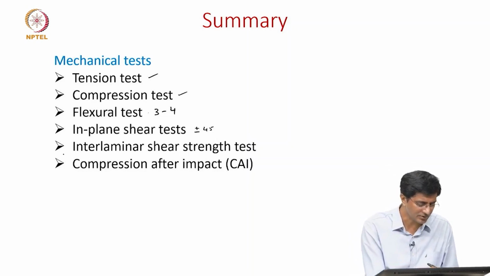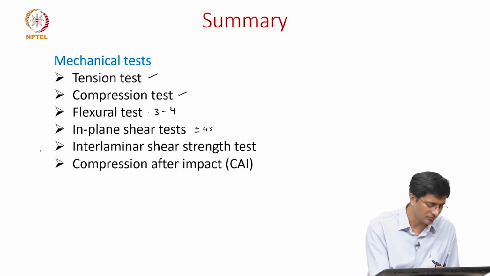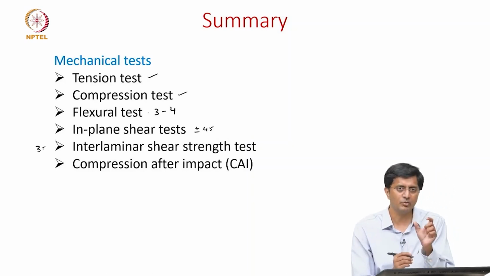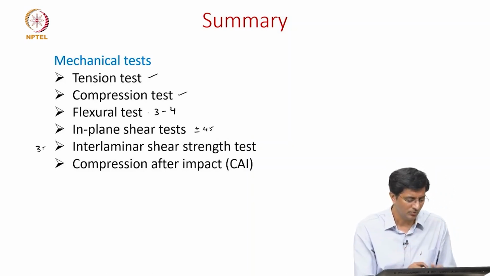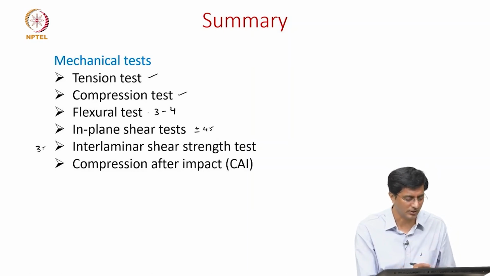And later we also discussed how to find the shear resistance between two laminas which are joined in a laminate. There too we said we will use the 3-point bend test, but we will be using a short beam where the preferred failure is the shear failure, or the interlaminar shear failure.